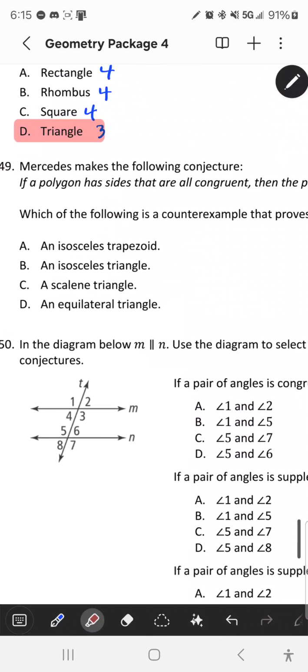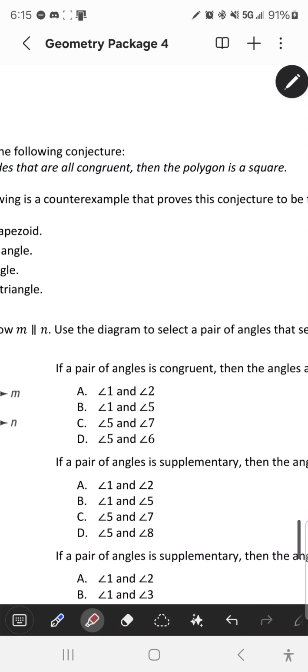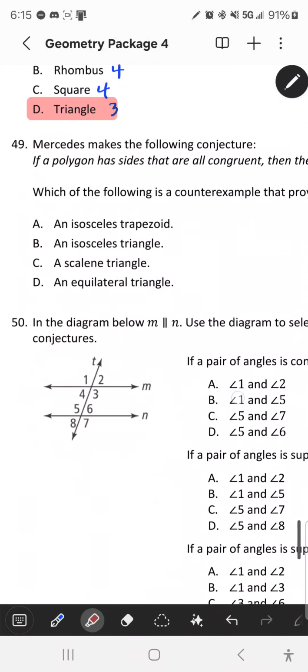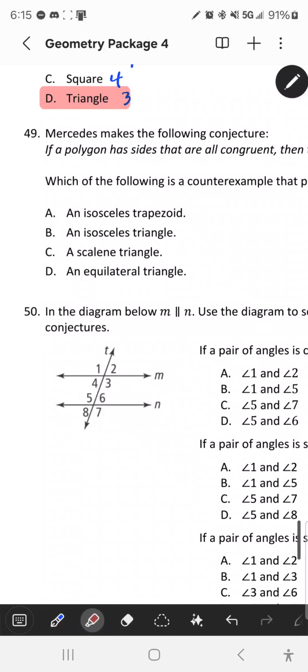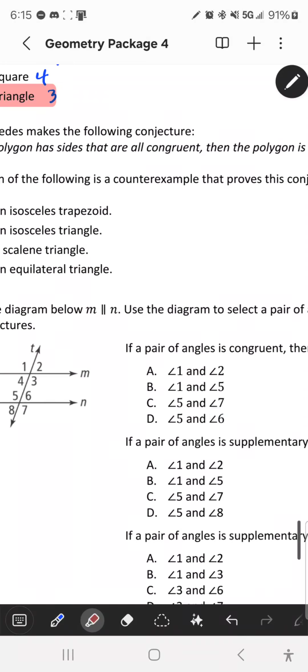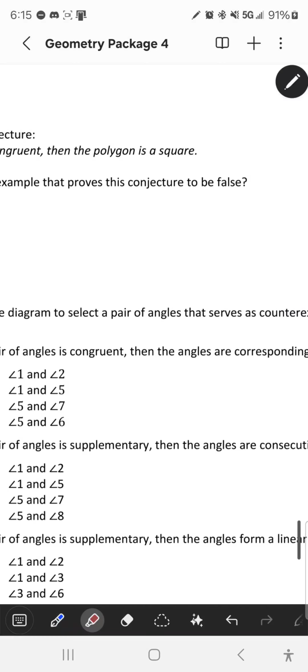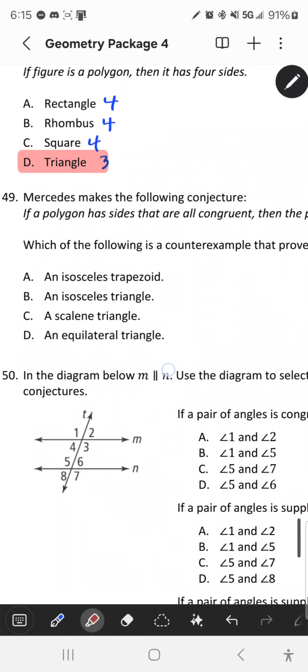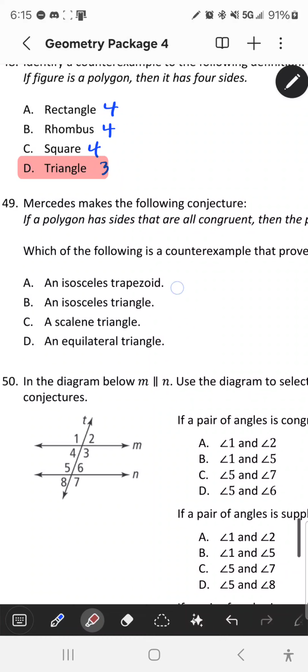Next. Mercedes makes the following conjecture. If a polygon has sides that are all congruent, then the polygon is a square. Okay, let's see. Which of the following is a counterexample that proves this conjecture to be false? An isosceles trapezoid: not all the sides are congruent. This one is congruent to this one, but this one is different.